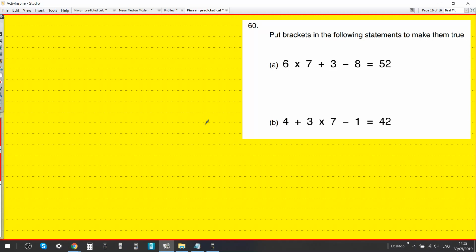Nothing wrong with that. I would keep track of where you've tried. So I put brackets around the 7 plus 3 minus 8. Right, I'll go and try something else.